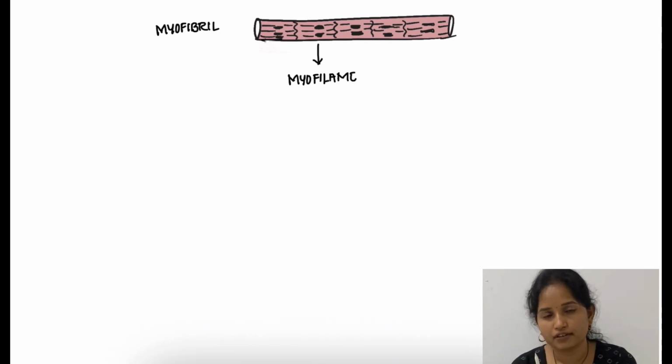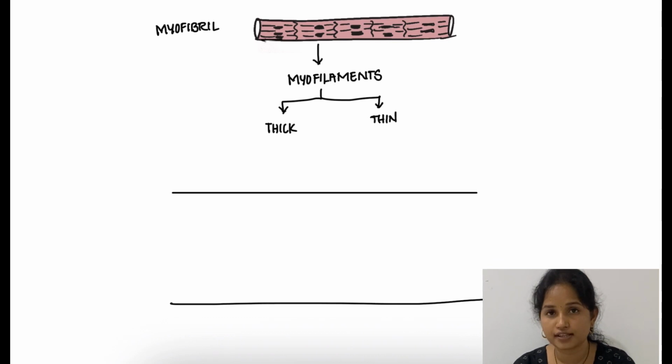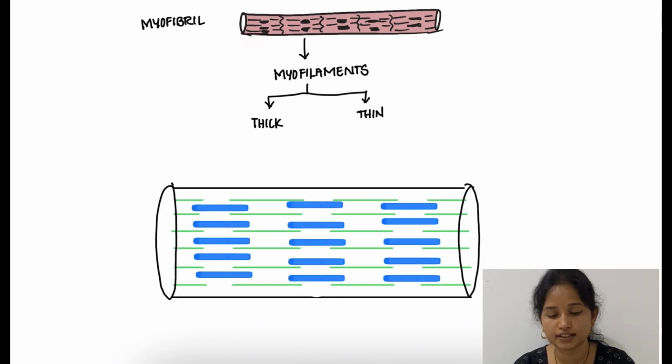So a myofibril will be having thick and also thin filaments. You can see in the diagram here I am drawing a myofibril. Now when we enlarge this myofibril, you can see the blue ones are the thick filaments, and the green ones are the thin filaments. Now there are divisions between these fibers.